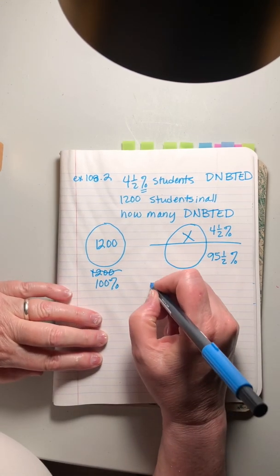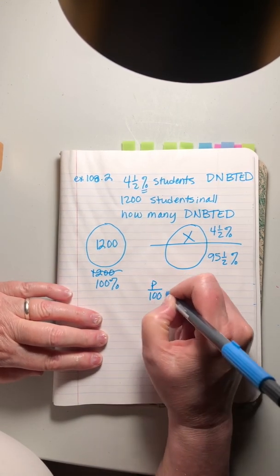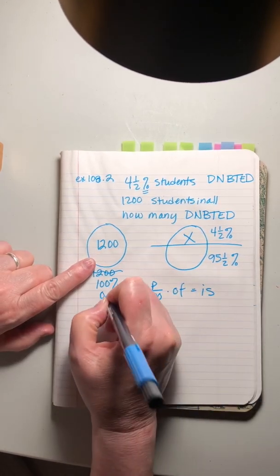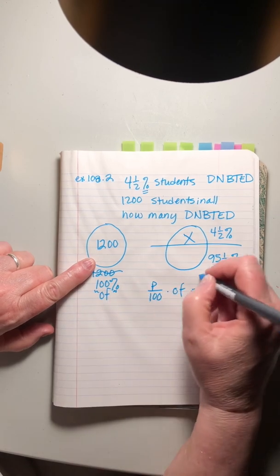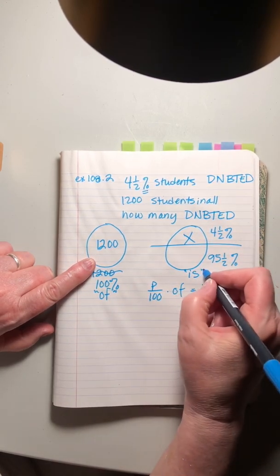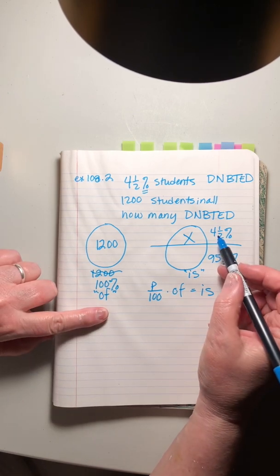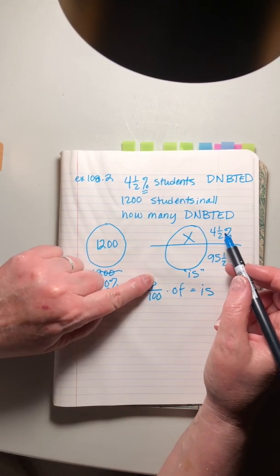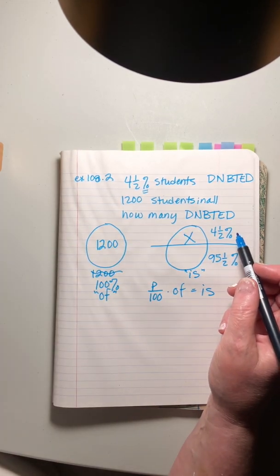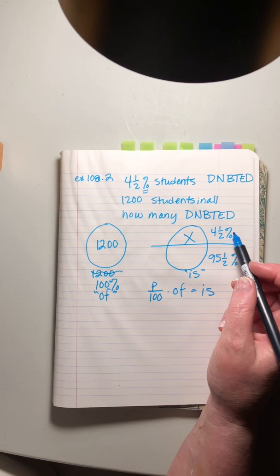That part isn't hard. It's the percent version. Remember, this is the of number, and these are the is numbers. We have to use one group or the other. There's the new part. Our percent, when we go to write it in here, we don't want to use 4.5. We want to convert it to a decimal number. We want to change it to a decimal percent. We don't have to change it all the way to a decimal number.